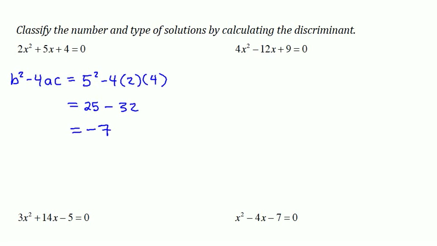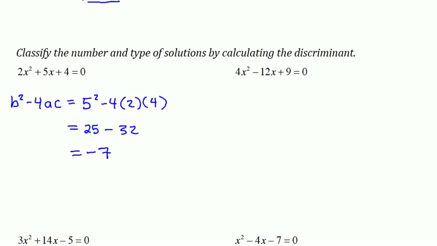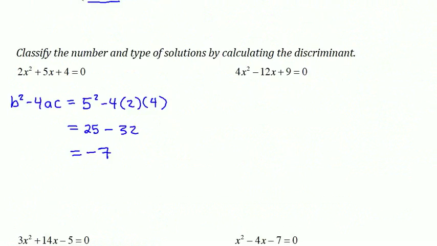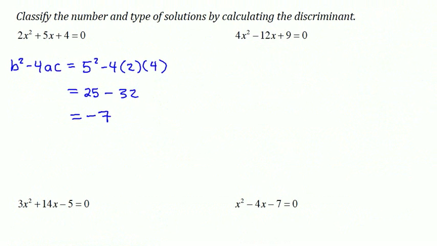To figure out how many solutions and of what type this equation has, I need to refer to the table that we just put together. I have a negative discriminant, and I see from this chart that a negative discriminant down here at the bottom means that I have 2 imaginary solutions. So that's going to be my answer to this question here.